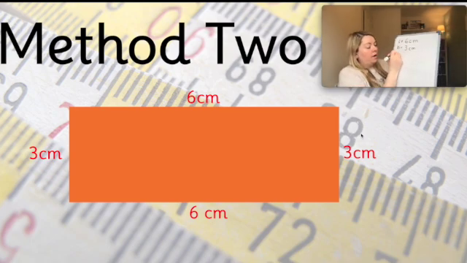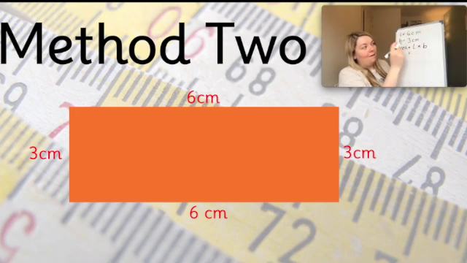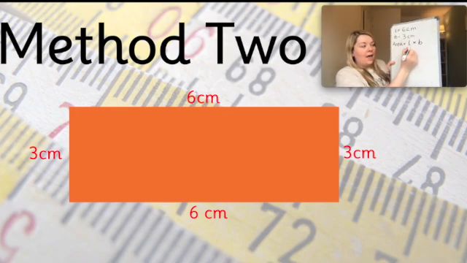To work out the area, I have to do the length times the breadth. So if my length is 6, I'm doing 6 multiplied by my breadth, which is 3.